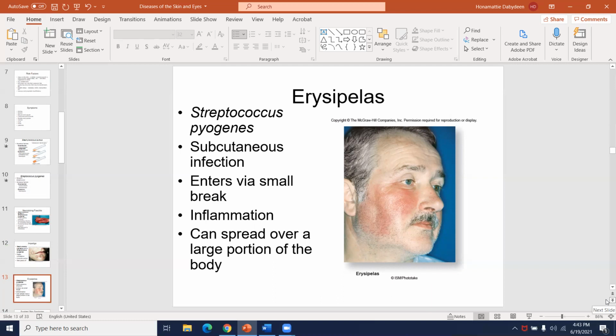And many times doctors use combinations of drugs that will be synergistic. So we're still, fortunately, able to treat these infections.